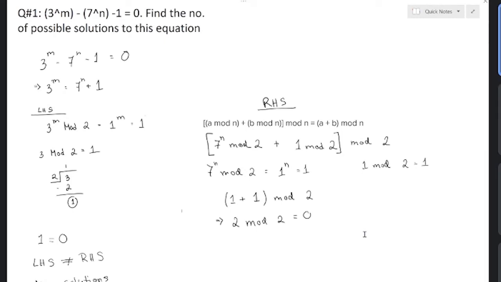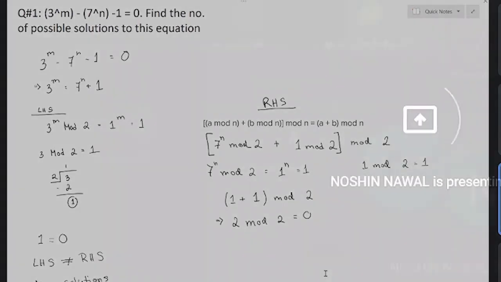So you take mod 2, take mod 3, try it, you won't be getting any solution. But m and n must be positive integers. Sorry, I didn't get your question. So it will only work when m and n are integers. Okay, suppose 3 is m and n, but they could be real or integers.